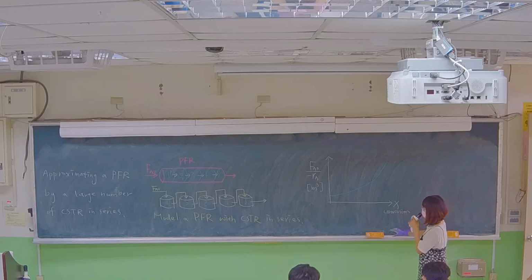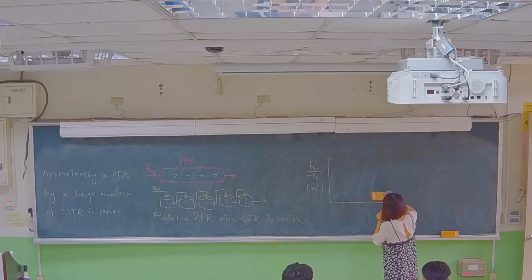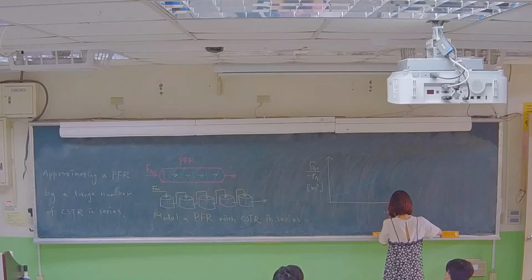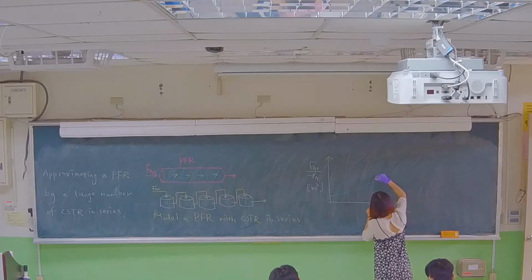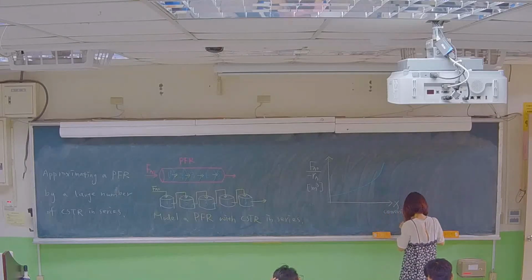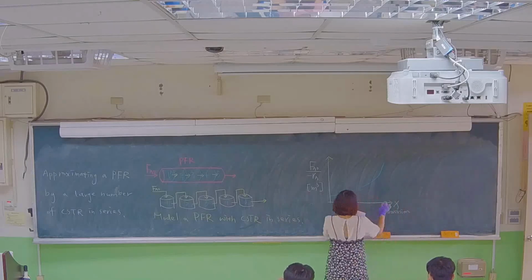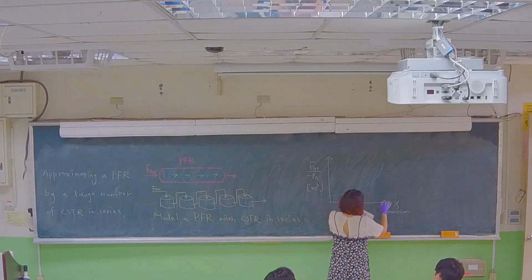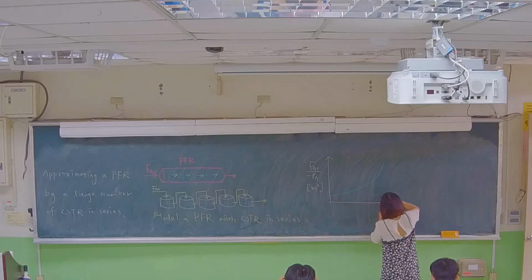So for the same data, we have the curve like this. If you divide the reactor into five CSTR connected in series, you may have, let me roughly draw this one.